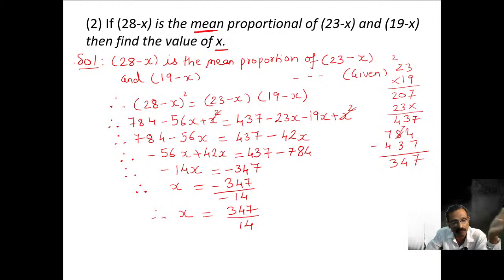Since it is given as a mean proportion and there are two other values along with it, we took the mean proportion and then found the value of x. Therefore, x is equal to 347 upon 14. So let us move to the next slide.